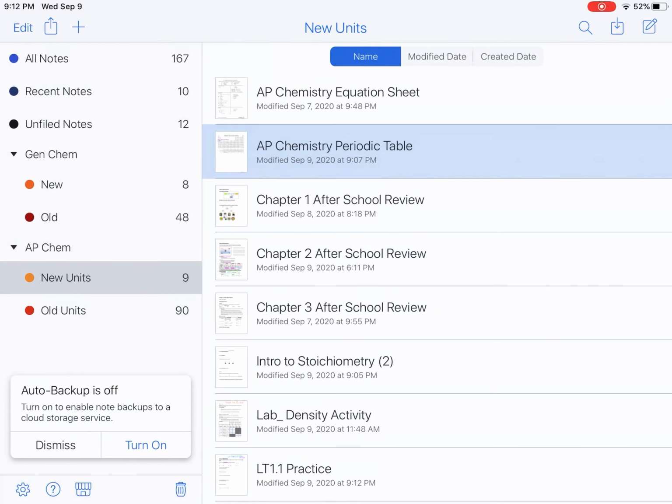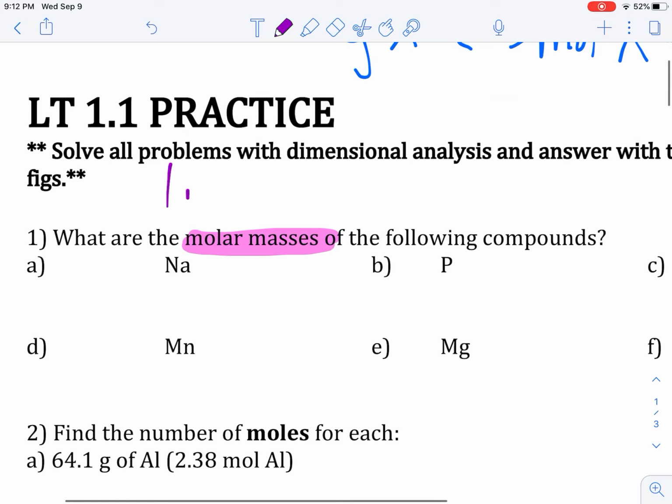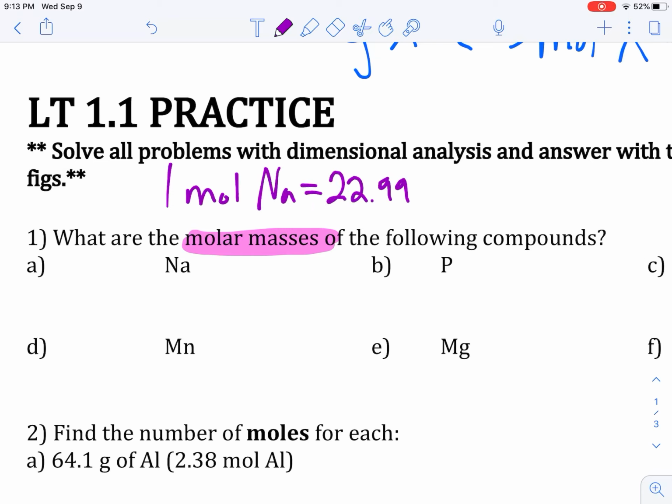22.99. What that number means is that for every 1 mole of sodium, of Na, it equals 22.99 grams. So I'm going to write that next to sodium here, 22.99 grams per mole.